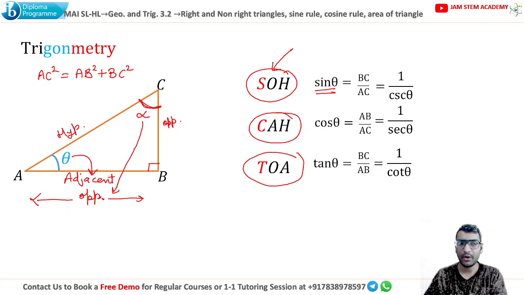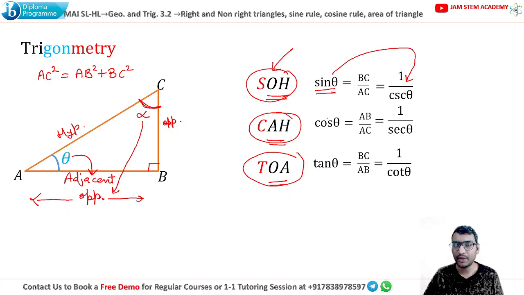Now, SOH CAH TOA: sine theta is given by opposite over hypotenuse, cosine theta is given by adjacent over hypotenuse, and tangent theta is given by opposite upon adjacent. Their reciprocal functions are: sine theta is also 1 over cosecant theta, cosine theta is also 1 over secant theta, and tangent theta is also 1 over cotangent theta.